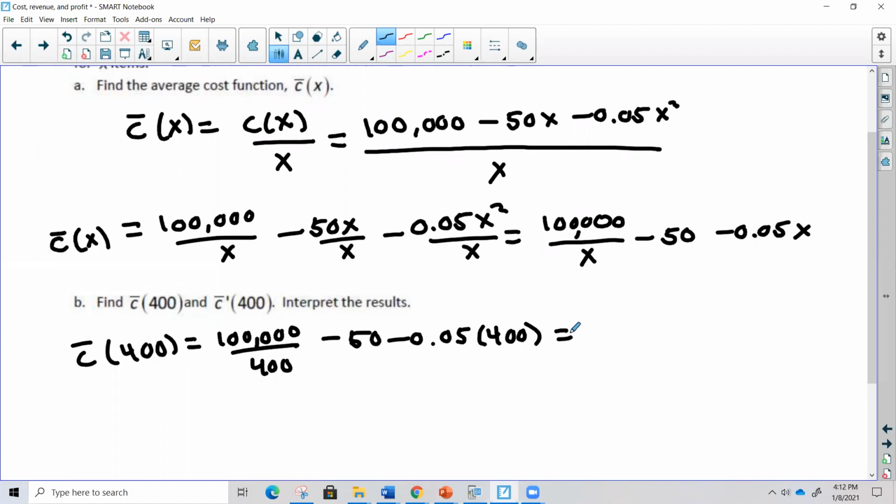And then we are going to simplify that. And I get 180. So the average cost is $180.